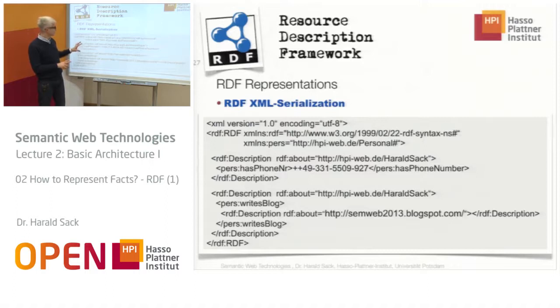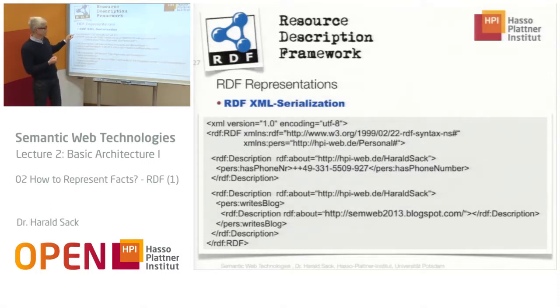So this is the norm or the standard. But of course, there are ways to translate automatically between these different syntaxes and languages. So it's no problem to translate this, but you should keep in mind that you can also read and write RDF in XML serialization. As you can see here, it looks much more complicated.